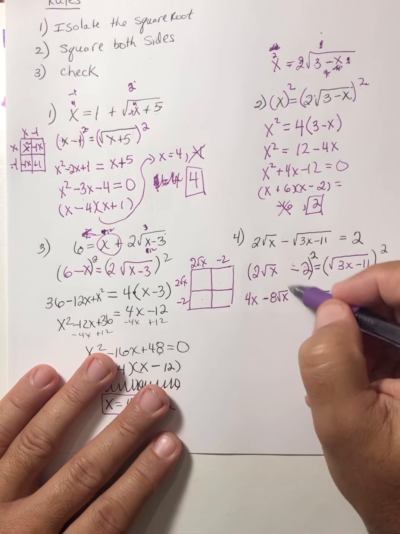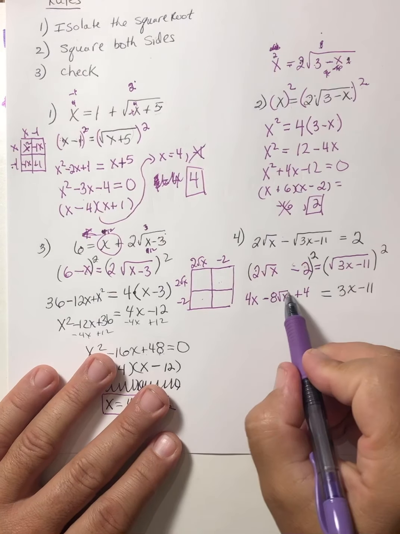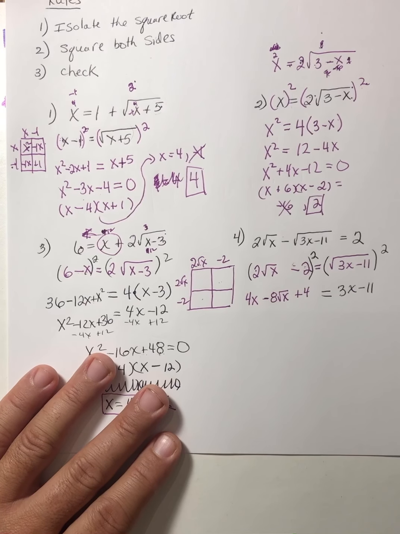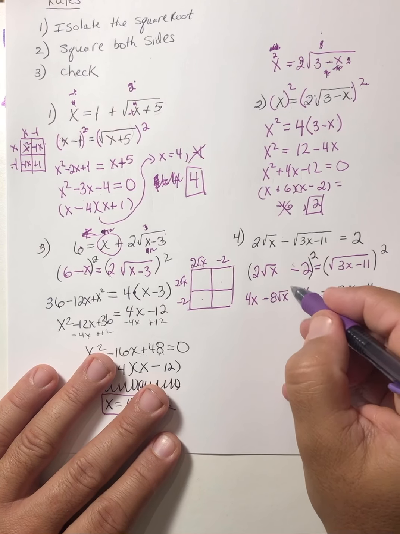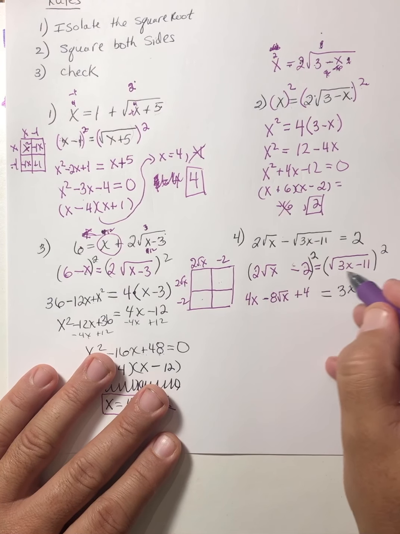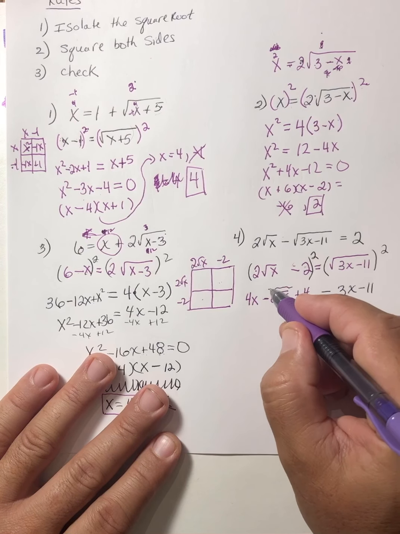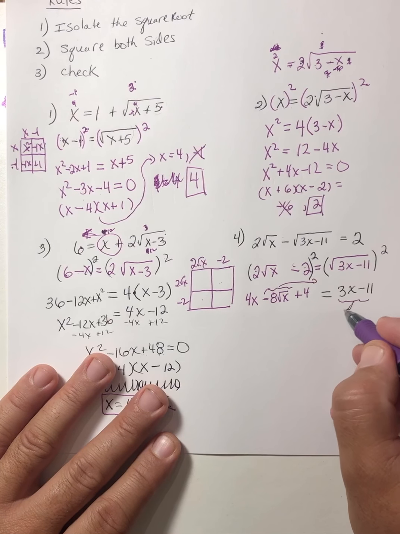Okay, so let's get this one isolated. We're ready to get it isolated. So when I get this isolated, I'm going to take this negative 8 radical x and move it to the right. And I'm going to take all of this and go to the left.